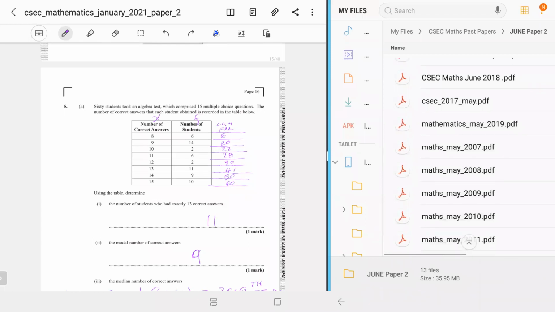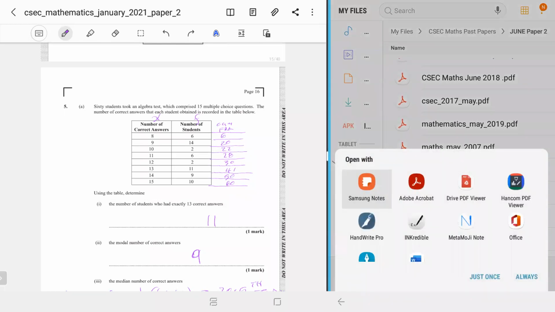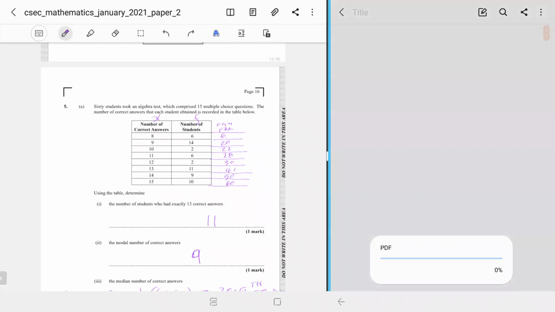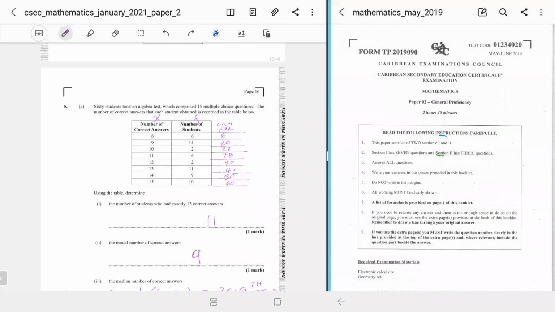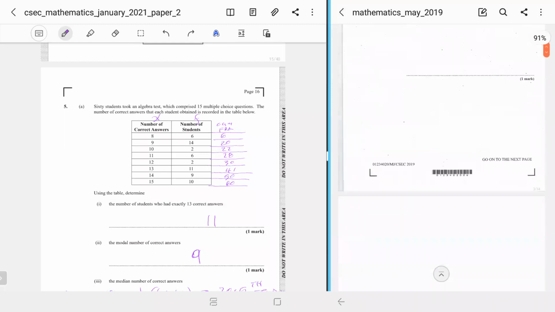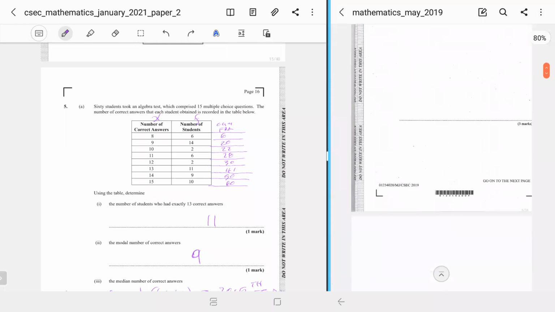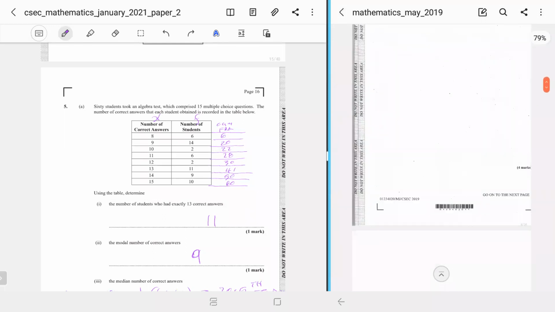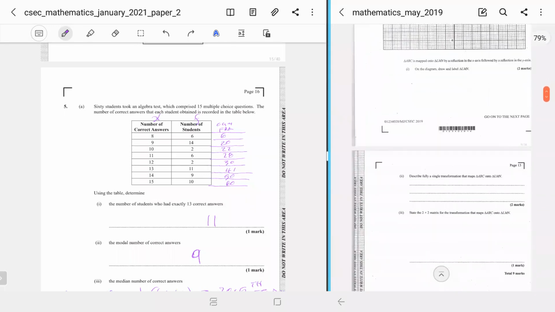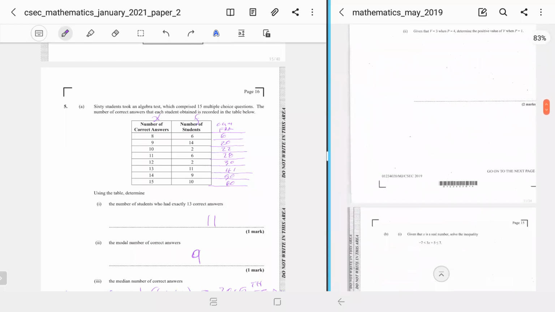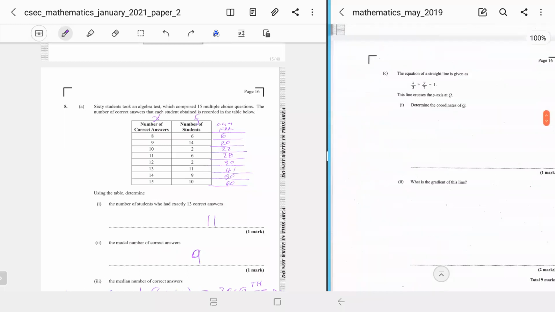June 2019, May 2019. Let's see what they said in May 2019. We did a statistics question on almost every exam paper, and it's positioned in the same place on the paper every year. Always at the same question.